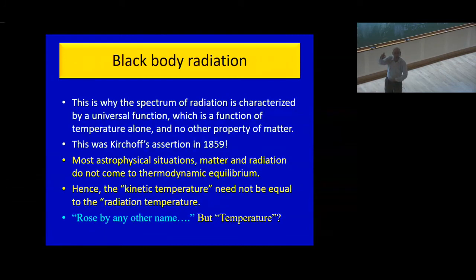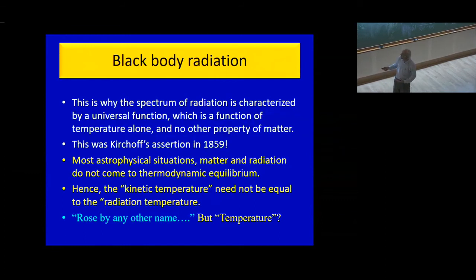There aren't enough absorption and re-emission. Therefore, the temperature of the radiation need not be equal to the temperature of the matter. So, Shakespeare, right? A rose by any other name will still smell sweet. But that's not true of temperature.